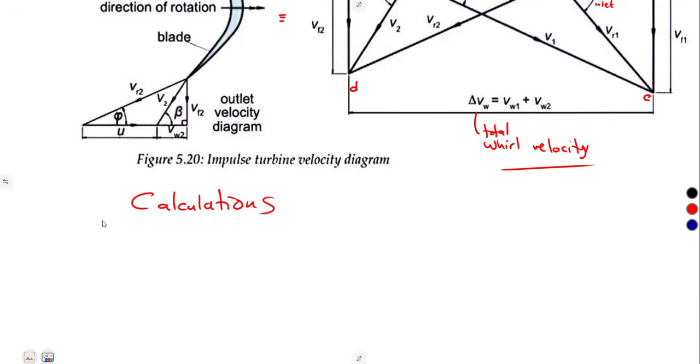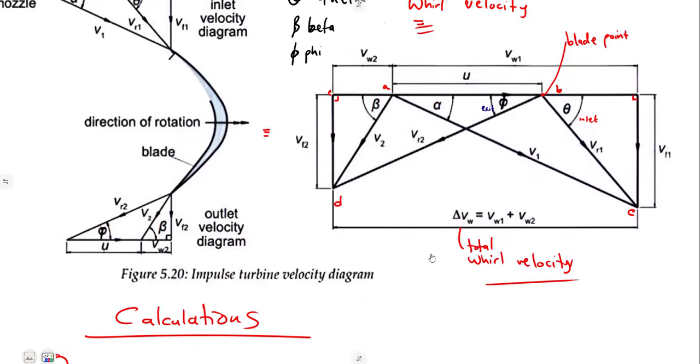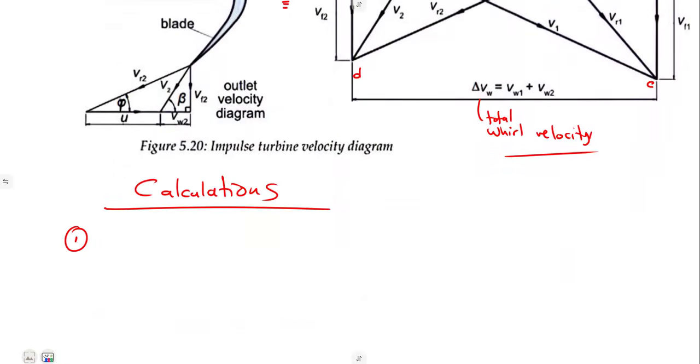Our calculations that we are going to consider for impulse turbines. We have got the first one, which is the blade velocity, U. Remember, representing what? Our blade velocity. It can be calculated when we are not given that. So that's our peripheral velocity, right?